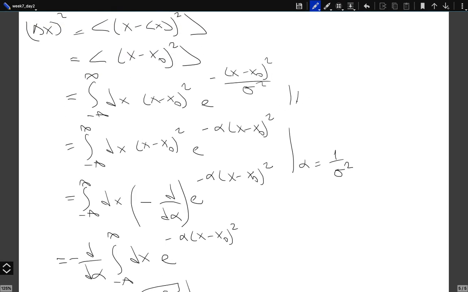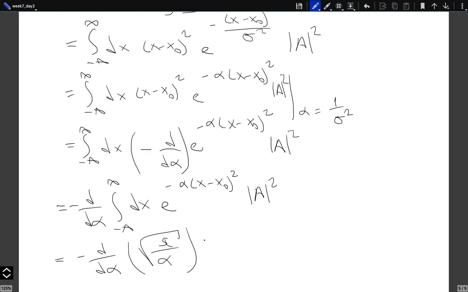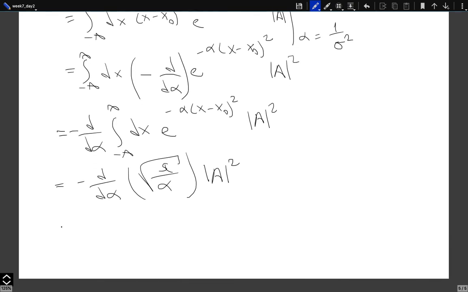By the way, I forgot some a squared over here, because everywhere I need to have a squared. A is independent of alpha. Well, just take the derivative. It will be minus 1 half alpha to the power minus 3 halves square root of pi times a squared.